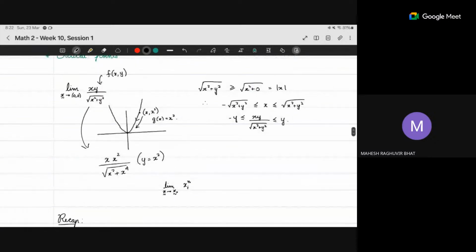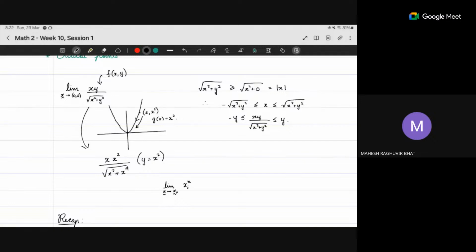If I have a new problem, there's no well-defined way to do it. Typically, whenever you have square roots or polynomials, you can sort of compare the degrees.